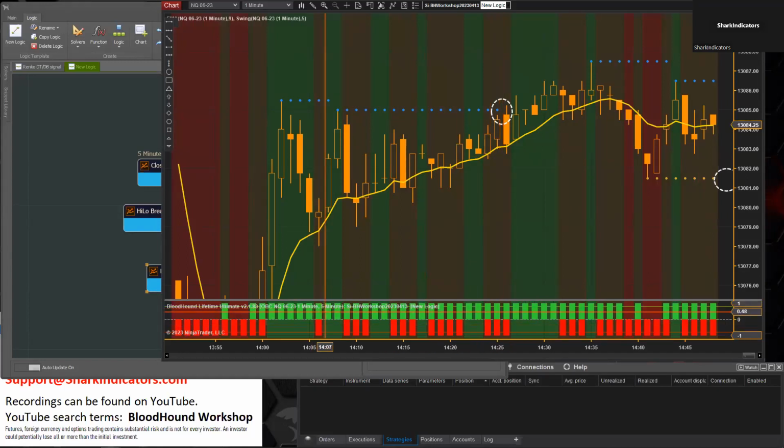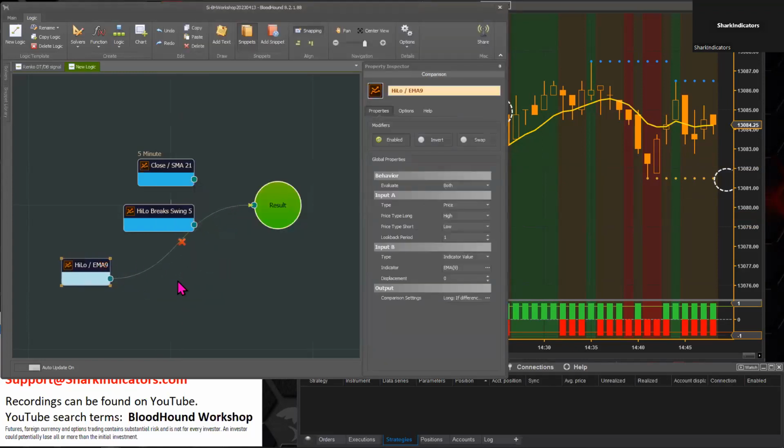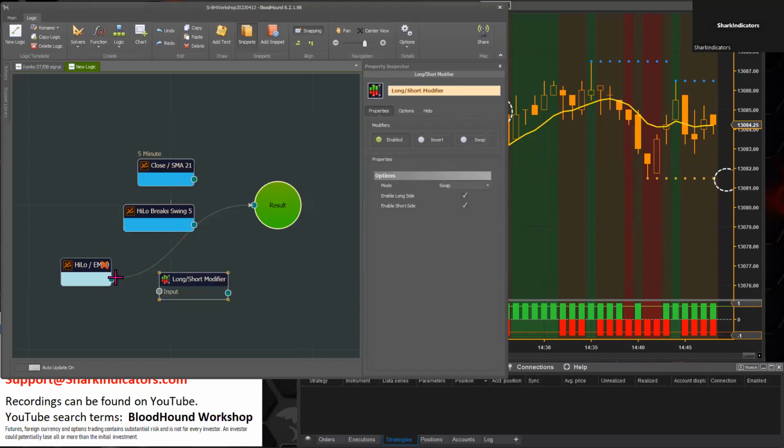So we need to get rid of the long only output, and vice versa, the short only output. We only want to keep the bars that have a long and a short together, because those are the bars that are actually touching the EMA. To filter those bars out, we're going to use a function node, and we're going to use the long short modifier.